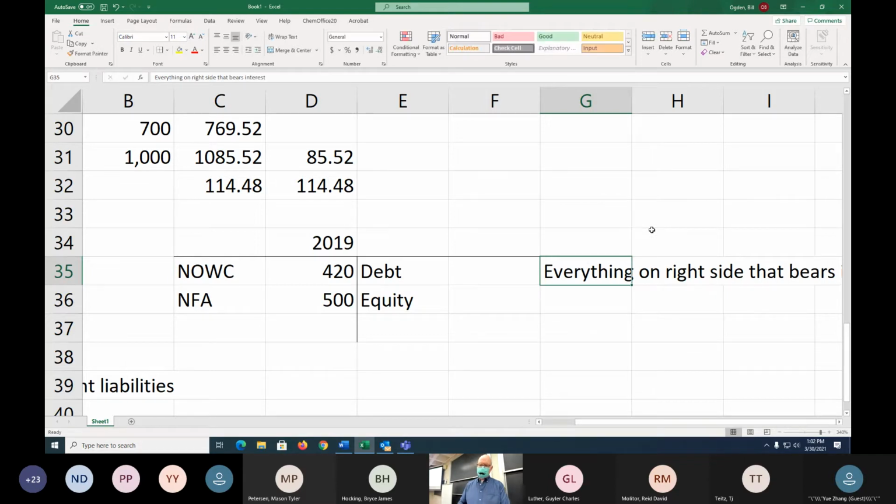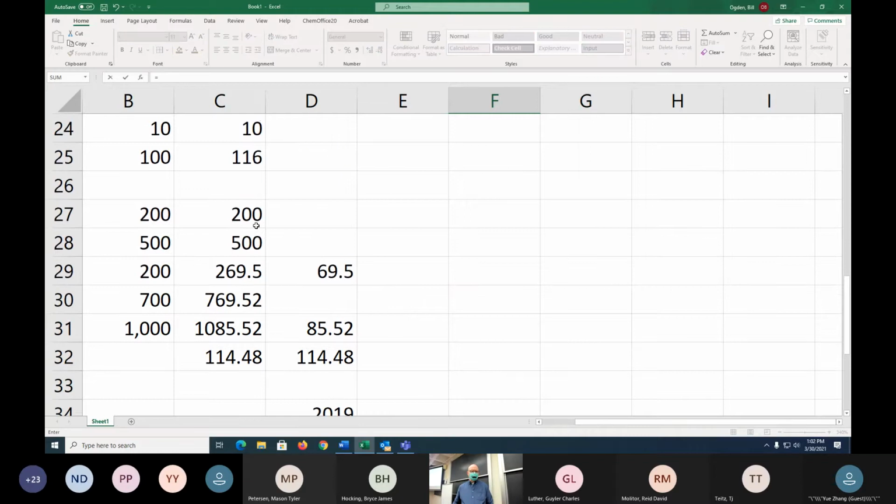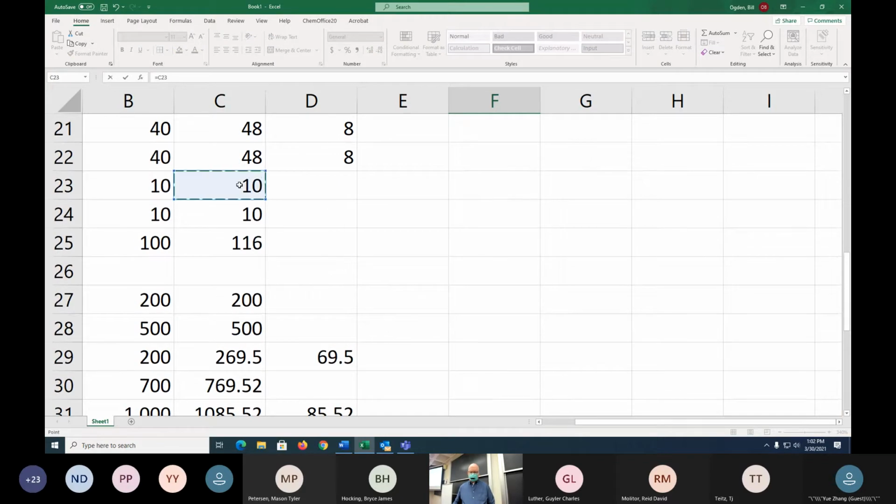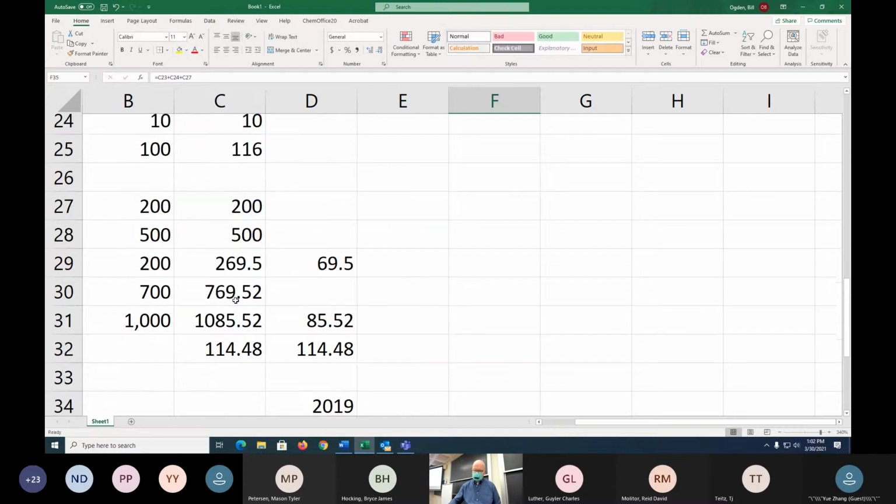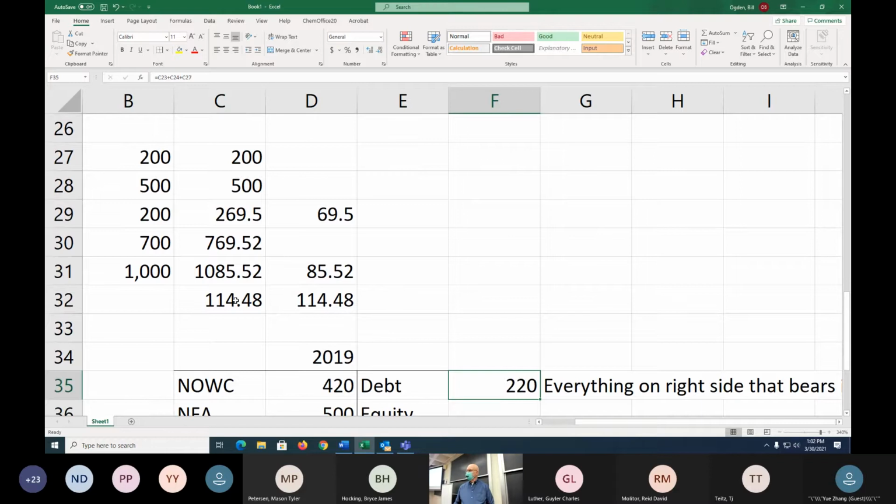Everything on the right side that bears interest. That's interest bearing. That's interest bearing. That's interest bearing. I get 220.